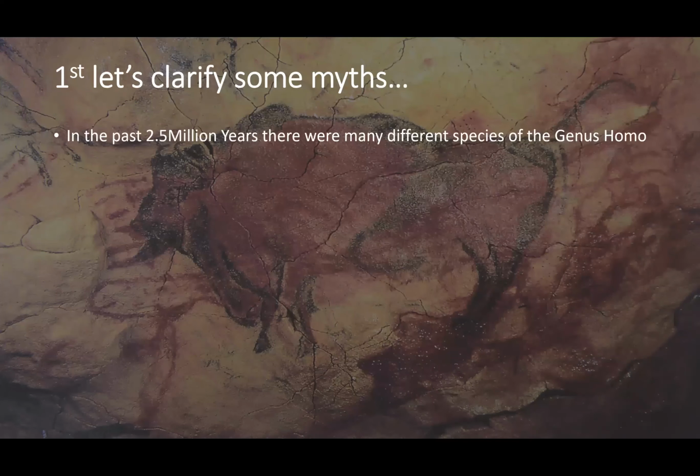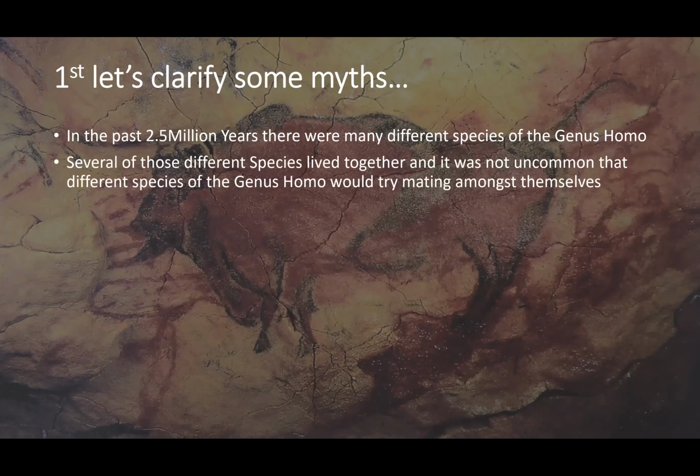In the past 2.5 billion years, several different species of human beings were living together. We lived with each other through thousands and thousands of years. Several of these different species lived together, and some of them even tried to mate with each other.